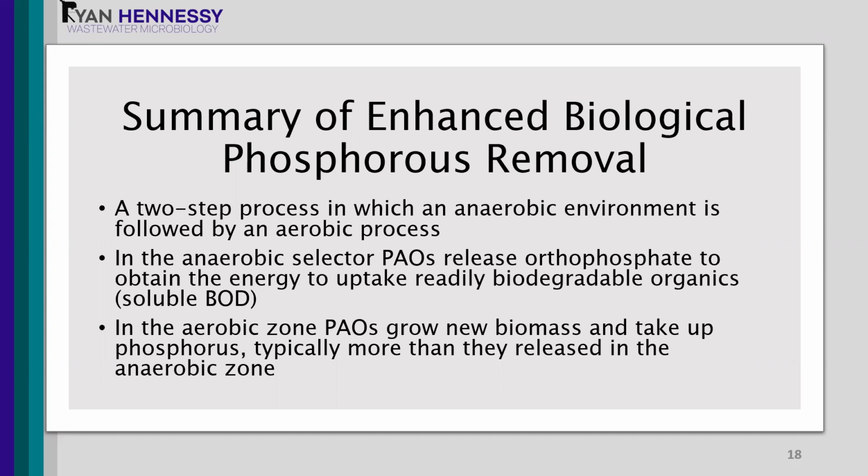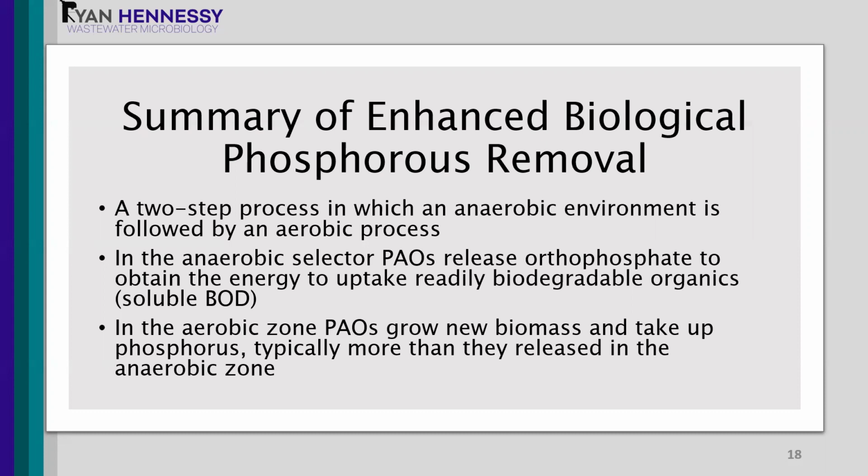In the anaerobic selector, the PAOs, the bugs that we want, release orthophosphate to obtain the energy to uptake readily biodegradable organic material. So the VFAs, that soluble, readily available food, when they're in the anaerobic zone, they're going to take up the VFA and they're going to re-release orthophosphate.